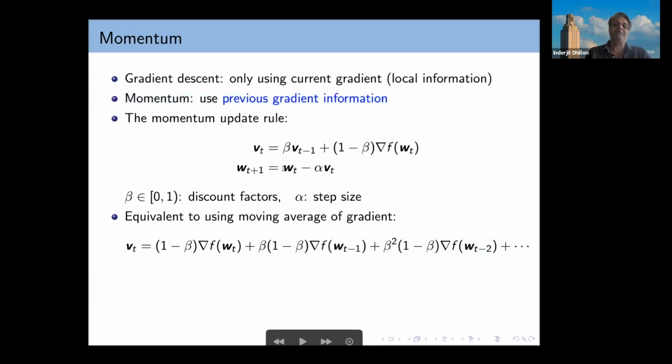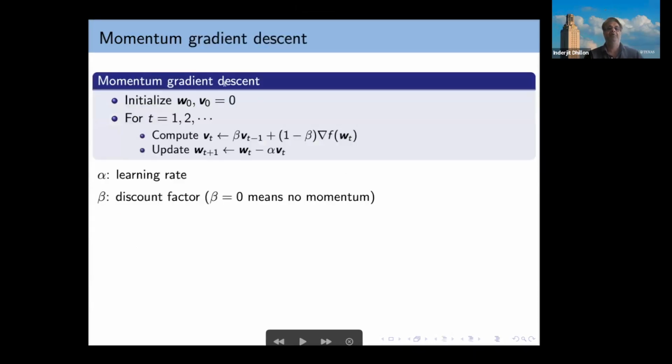Remember, right now we are still talking about gradient descent versus momentum-based gradient descent. So this is momentum gradient descent: you do Vt equal to beta times Vt minus 1 plus 1 minus beta times the gradient of f at Wt.